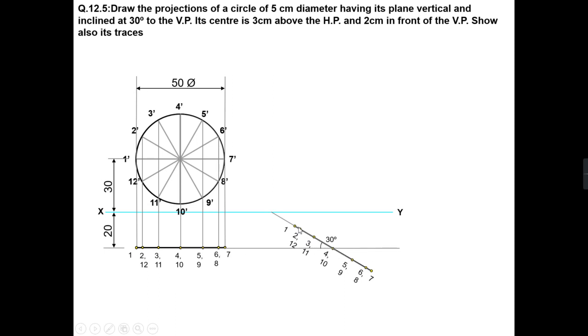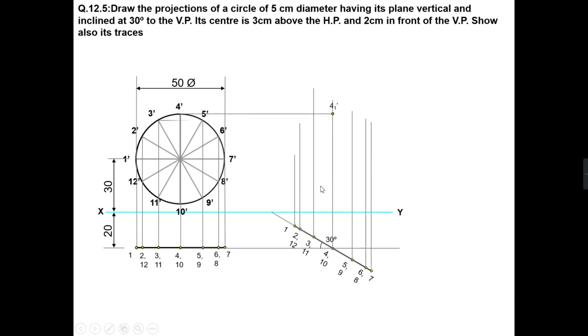Then I will draw the vertical projectors from all these points and horizontal projectors from the circle, like I did in the last question. Then I will get all the points of the circle when it is inclined at 30 degrees to the vertical plane.